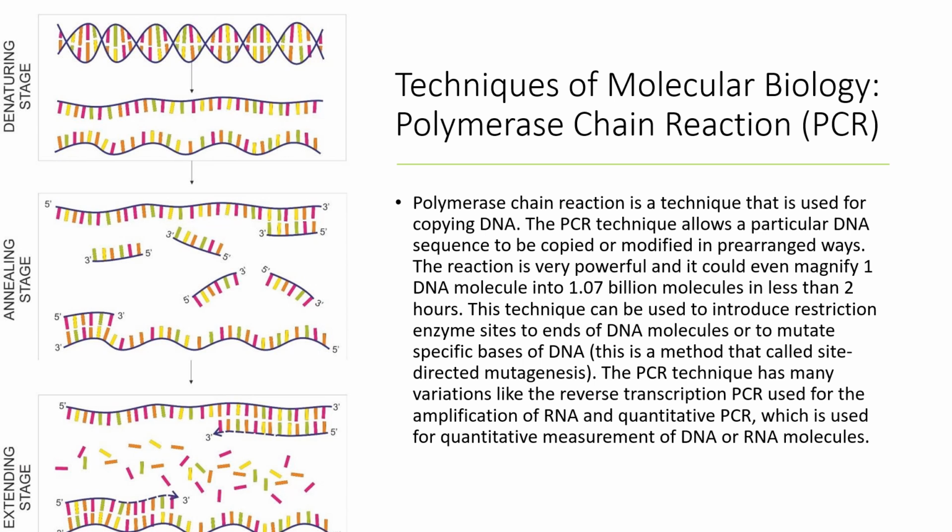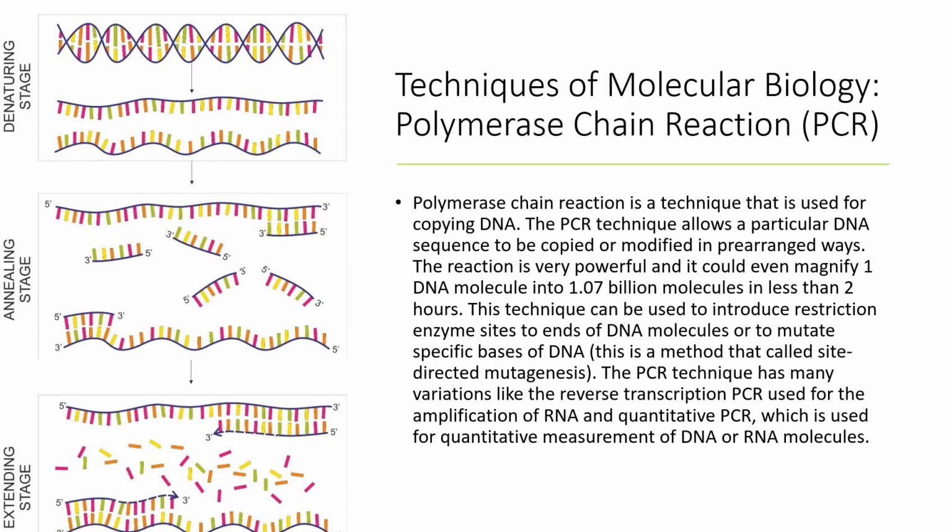The reaction is very powerful, and it could even magnify one DNA molecule into 1.7 billion molecules in less than 2 hours. This technique can be used to introduce restriction enzyme sites to ends of DNA molecules or to mutate specific bases of DNA.